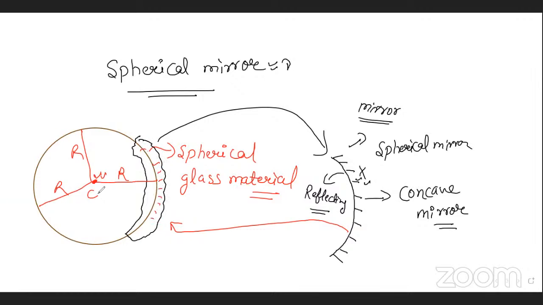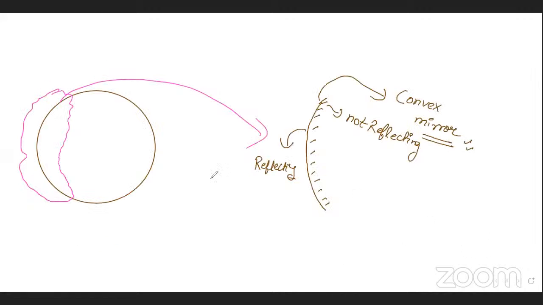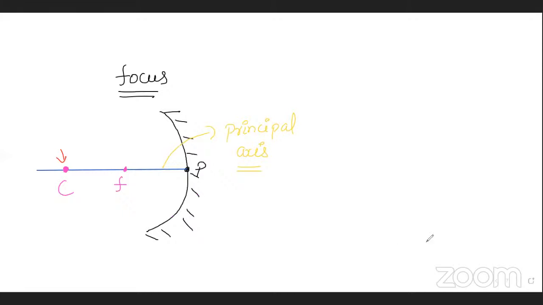R. So this point, whether in concave or convex, which is at a distance R, is known as the center of curvature, students. It is at a distance R from the pole of the mirror. I just took concave for explanation; you can take convex also.